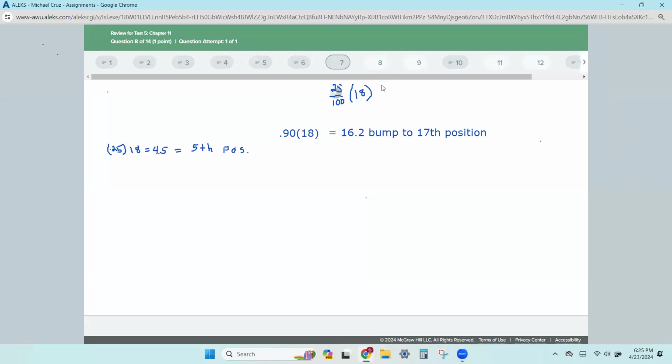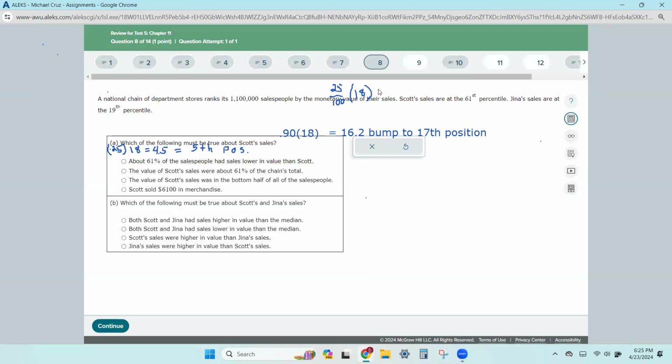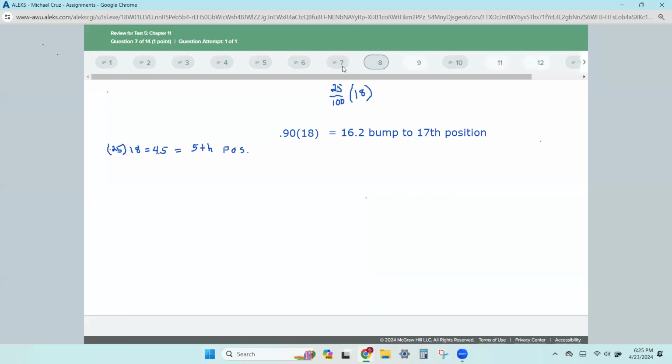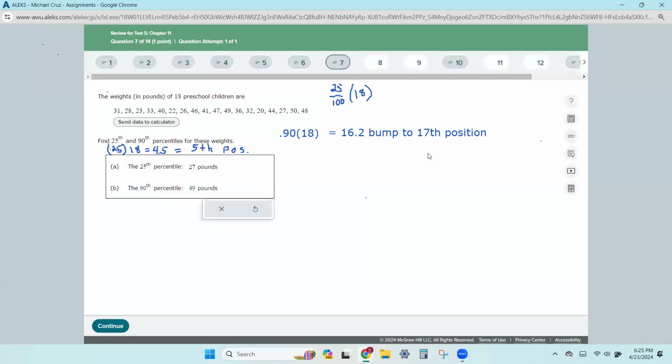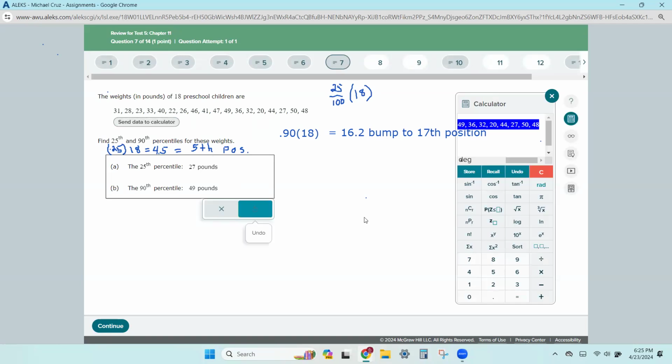Mr. Cruz, what's up? On that last problem, when you send the numbers to the calculator, do you start from left to right? Wait a minute. When I do this, yeah, you hit sort, and then this is first, second, third, fourth, fifth. Once they're sorted, then you get the position of them.